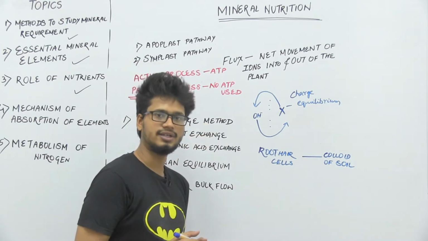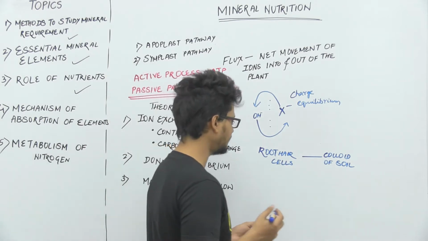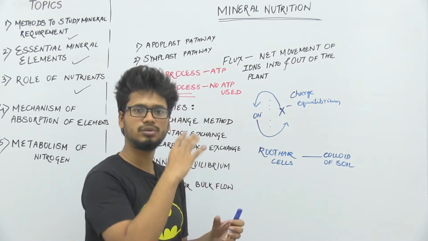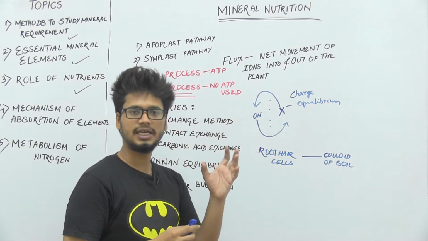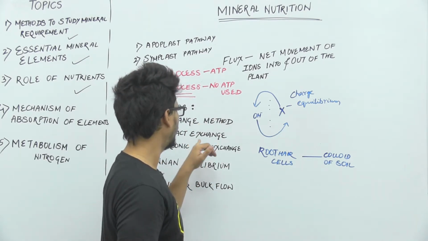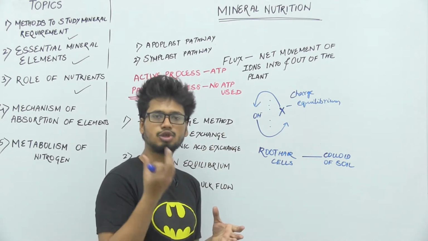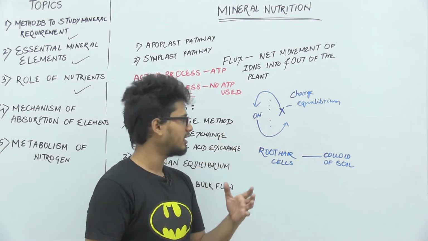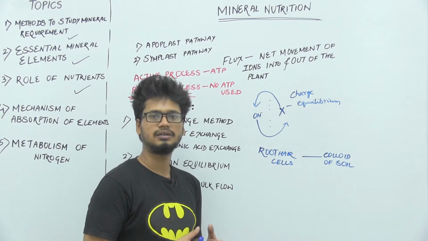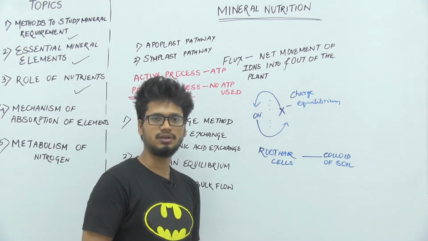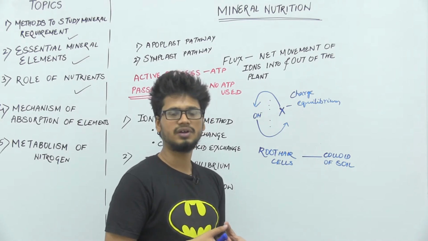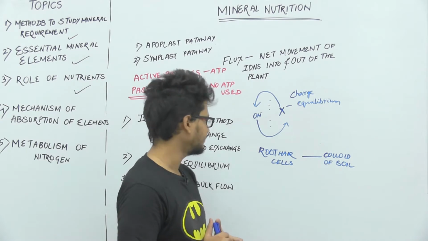First is contact exchange. Contact exchange में ये होता है कि there is the root hair के जो cell surface है उस पे बहुत सारे ions, cations, anions, they are absorbed on it. So what does the plant do is taking these absorbed ions, it exchanges it with the ions which are present in the colloid of soil. Colloid means it's a concept of chemistry, colloid. So colloid is, let's say you can say it's a mixture of a definite proportion of a definite molecular size.